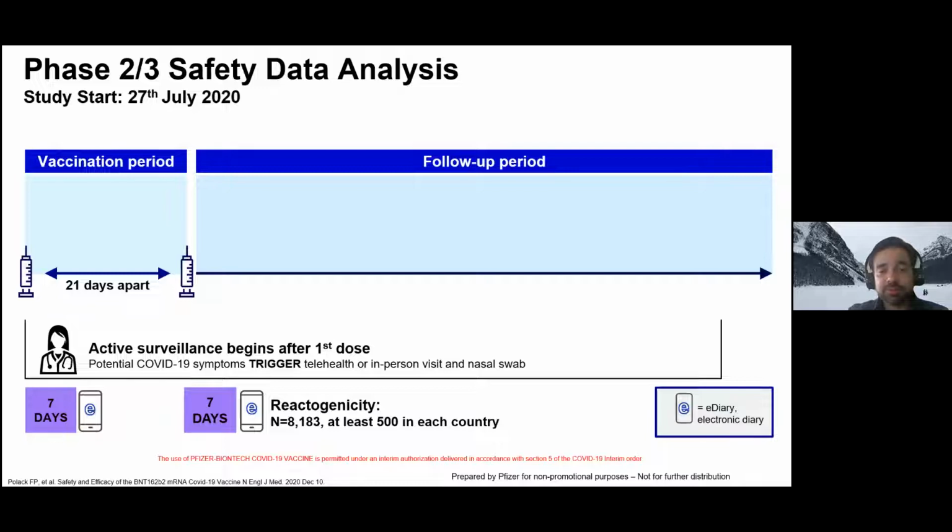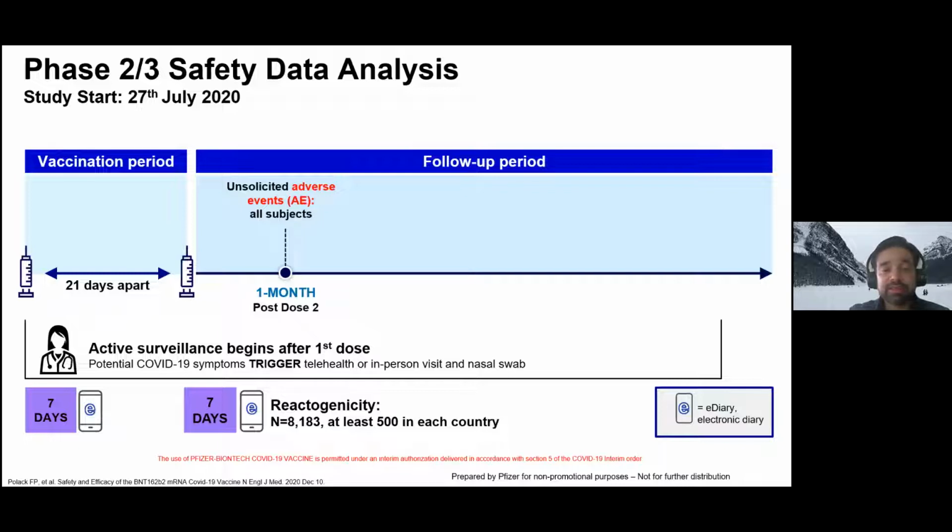The first subset is, as I said, the reactogenicity subset, a little over 8,000. Basically, they were given an electronic diary and they were asked about the side effects every day for 7 days. They filled out those replies in the electronic diary, and the data is compiled as the side effects. We also collected adverse events from all participants for 1 month, and these adverse events are unsolicited.